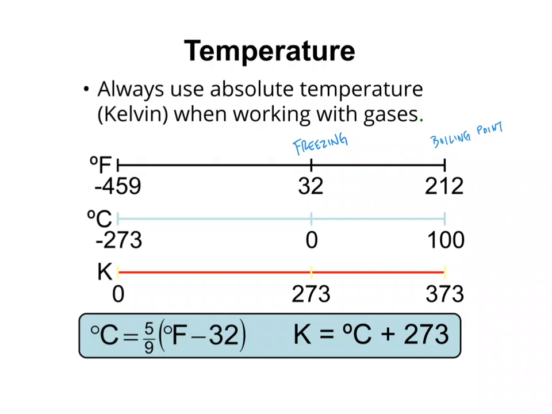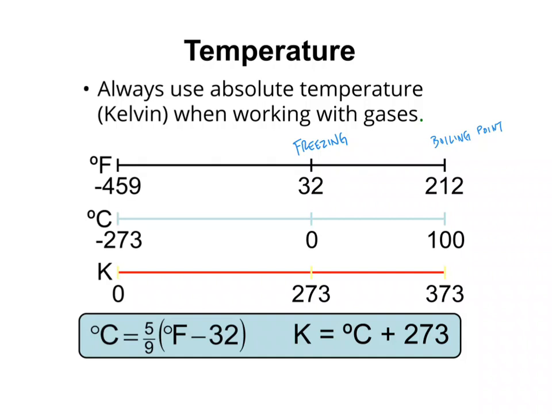So some conversion factors that you may need to be familiar with. What if you're given degrees Fahrenheit and you want to convert that to degrees Celsius? Well, you would plug in whatever temperature you have in degrees Fahrenheit, subtract 32 and multiply it by 5/9, and you get your temperature in Celsius. Since we're going to be using Kelvin quite a bit, if you're given temperature in Celsius, all you have to do is add 273 degrees to it.